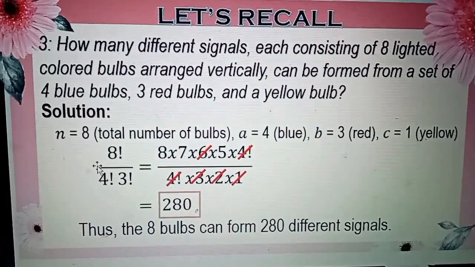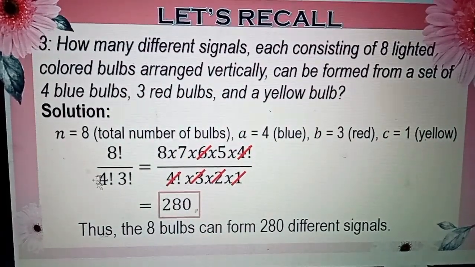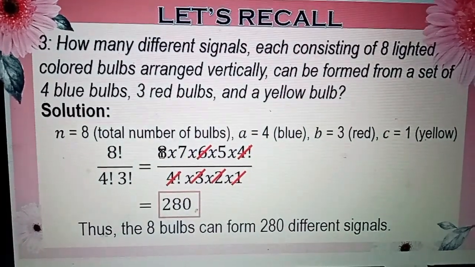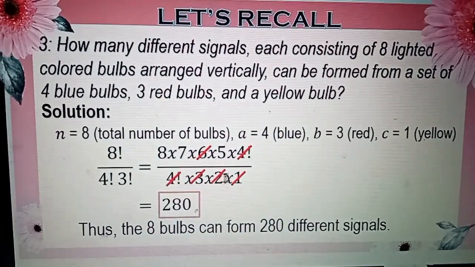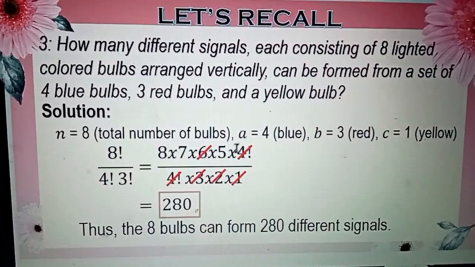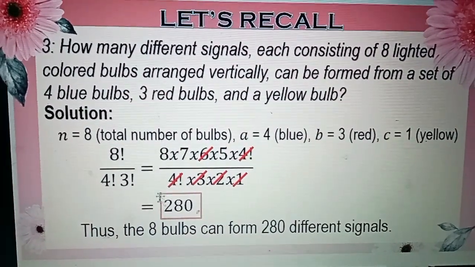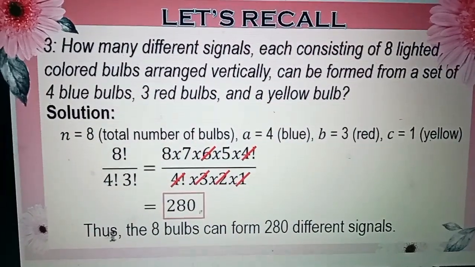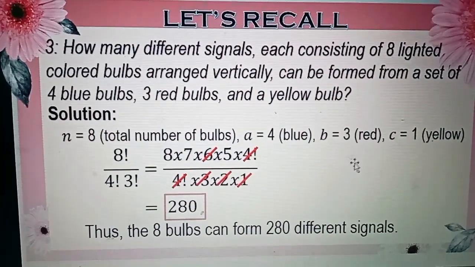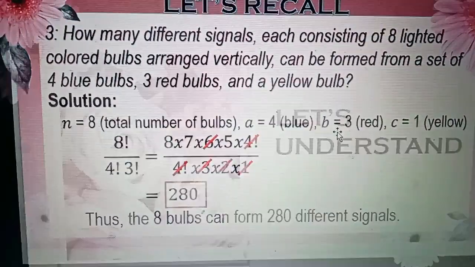So 8 factorial all over 4 factorial, 3 factorial. So 8 times 7 going down to 4 factorial, over 4 factorial times 3 times 2 times 1. So cross out 4 factorial. The answer is 280. Thus, 8 bulbs can form 280 different signals.